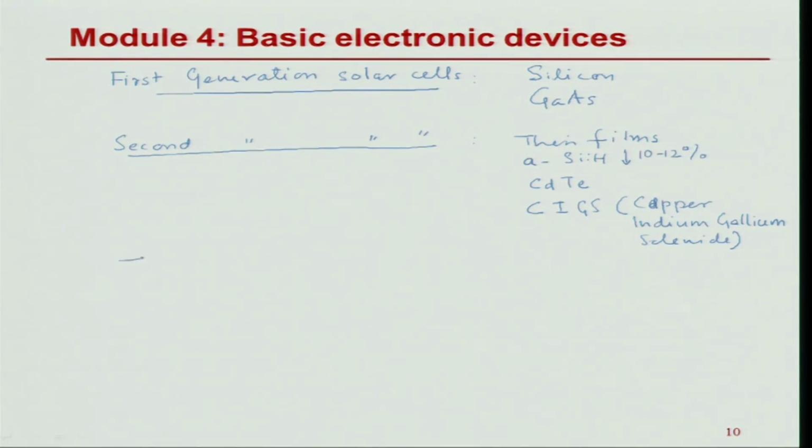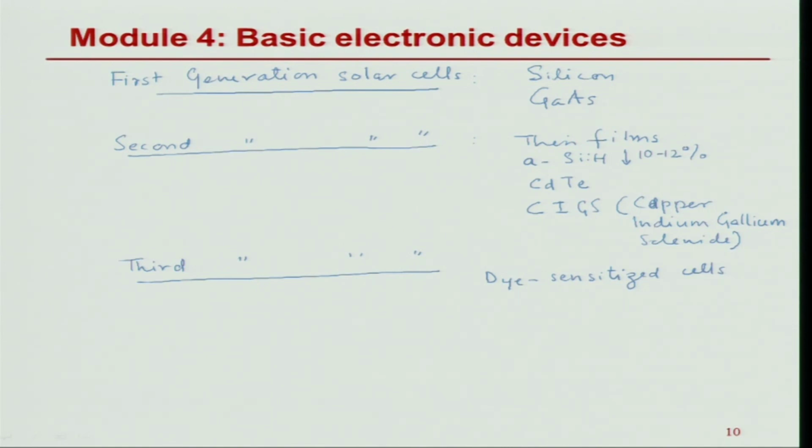Then comes a further new region which started almost a decade ago, the third generation solar cells. In this, once again the driving force is to reduce cost further, and the examples here are dye sensitized cells. Now, as we went from the PN junction solar cell to the second generation solar cell, it was basically the processing technology which was very different.